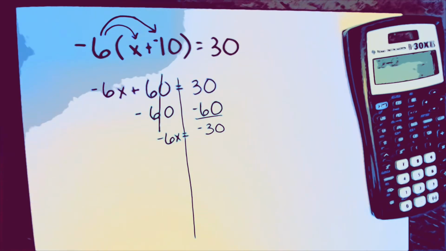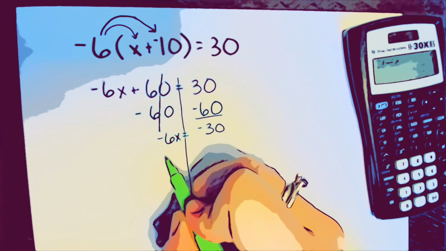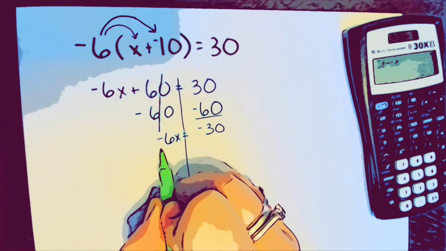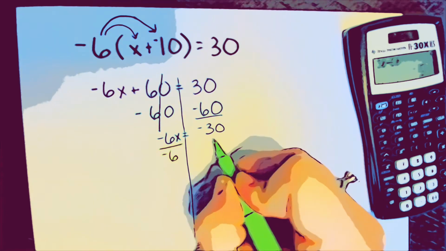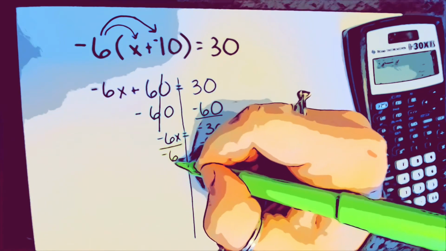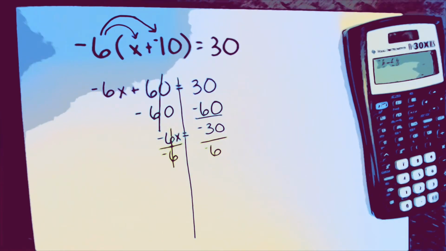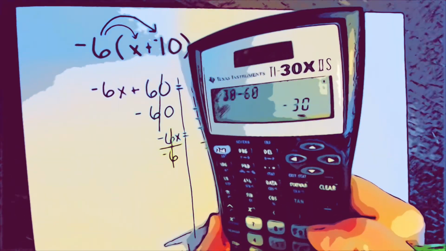So now we are one step away from getting x alone. X is being multiplied by -6. The opposite of multiplication is division. So instead of multiplying by -6, we want to divide by -6. Whatever I do here, I do there. And the negative multiplication and the division will cancel the -6's out. Over here, I have -30, still there from before.